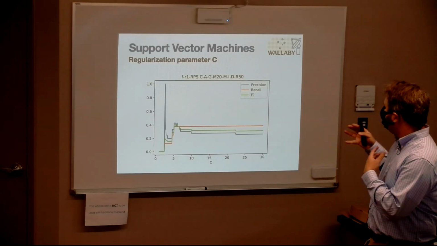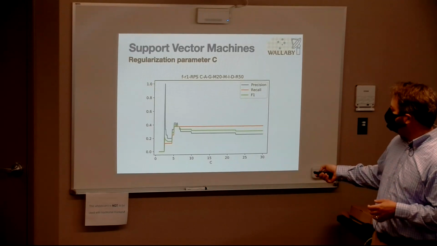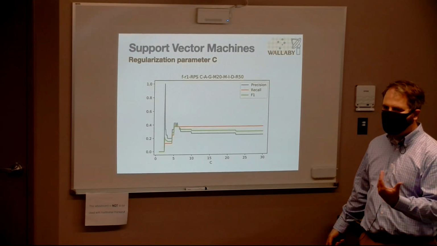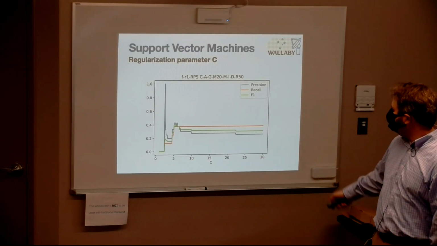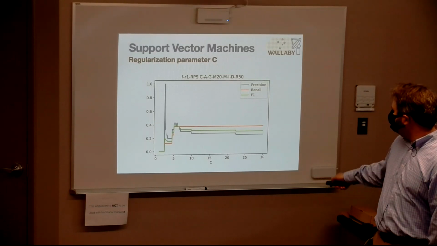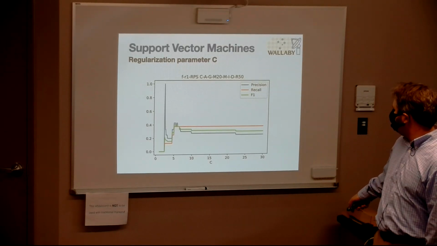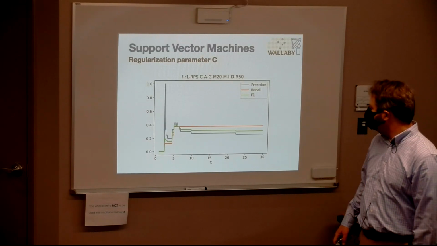And then I do this for different values of C, allowing more and more slack. Weirdly, there's a peak at the beginning, which I have no idea what's happening there. But then around 5, it seems to do its best job with both recall and precision, because you want it to be good at both, right?